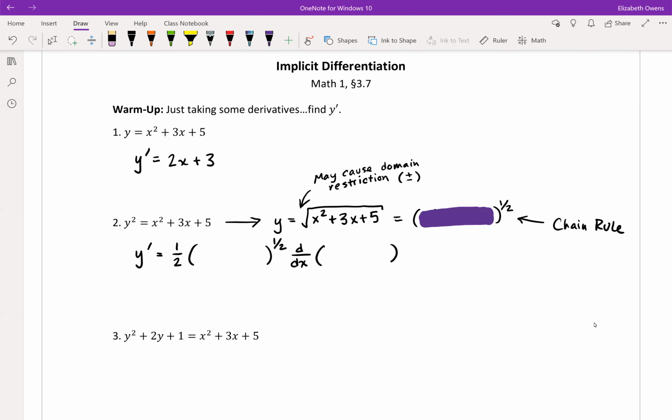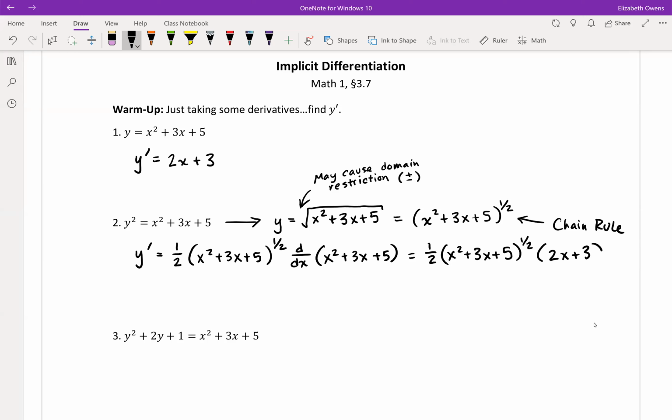And then we would uncover the covered thing and see that it was x squared plus 3x plus 5. And so you'd put that in right here. X squared plus 3x plus 5, x squared plus 3x plus 5. Okay, to do our chain rule. So you would get 1/2 x squared plus 3x plus 5 to the 1/2 power. And then the derivative of x squared plus 3x plus 5 would be 2x plus 3.